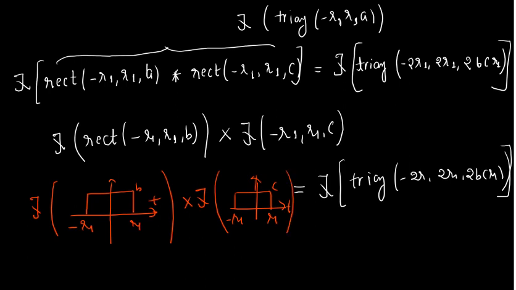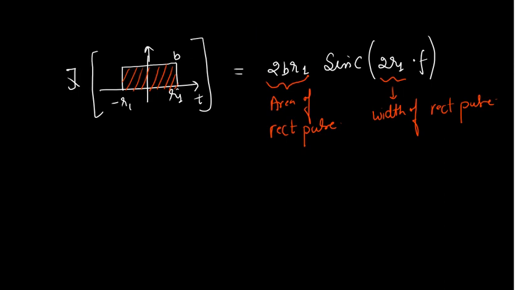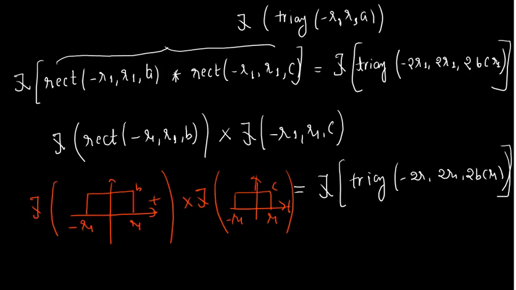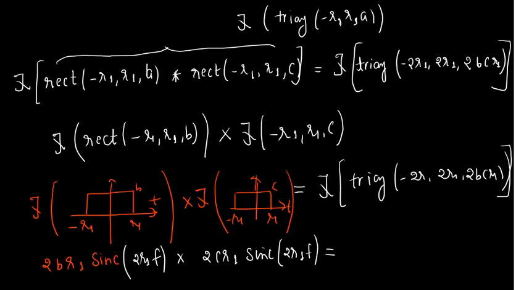By using this result, we can write 2BR1 sinc of 2R1 f, which is the Fourier transform of this, multiplied with the Fourier transform of this, and this will give you the Fourier transform of this pulse.